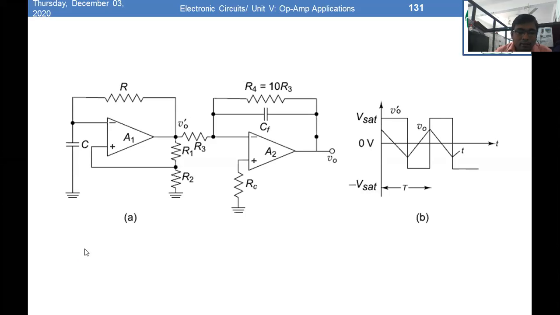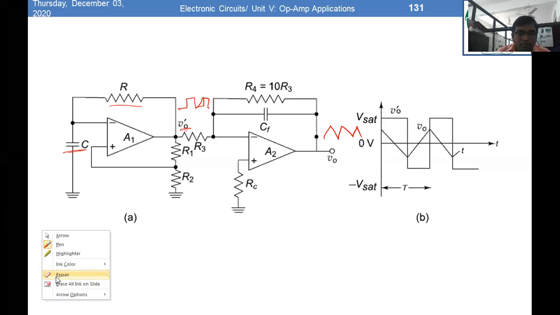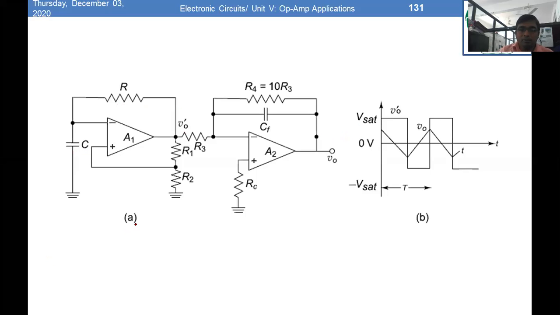You can see that in the previous case we gave the output of the comparator, but here we simply use the square wave generator that we used in the previous topic. The same structure is used here as an input stage, and the output of this square wave generator is directly given to the input of this integrator, and finally we get a triangular waveform. So this is also one of the possible alternative structures of the triangular wave generator. Please note down this diagram or take a screenshot.